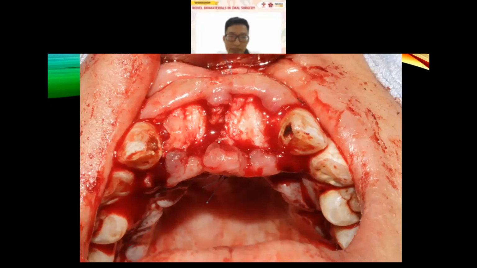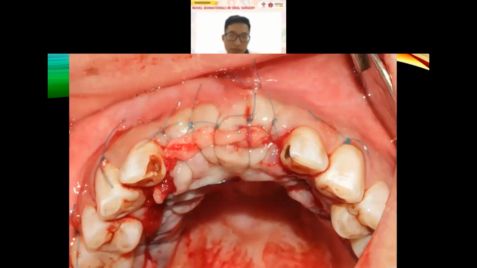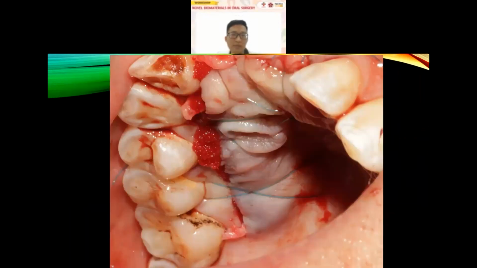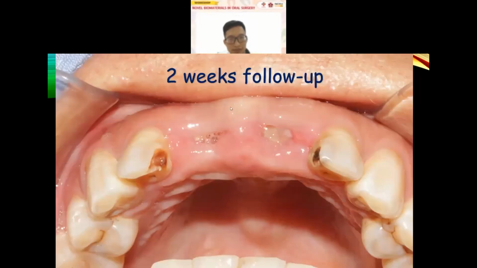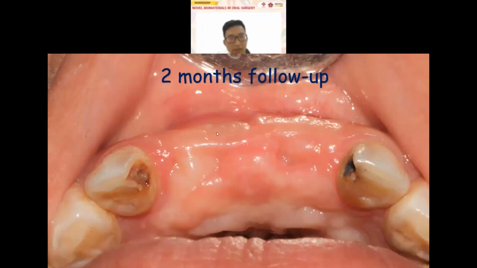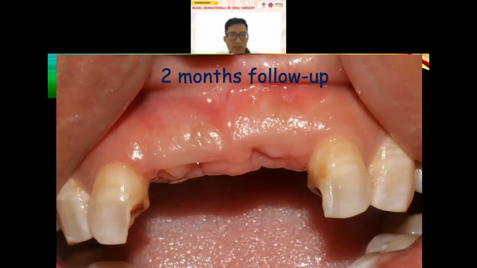Make the same technique on the contralateral side and suture. We left the site healing maybe 2 or 3 months, and I got full maturation of the soft tissue, the connective tissue. So it's ready for the prosthetic stage.